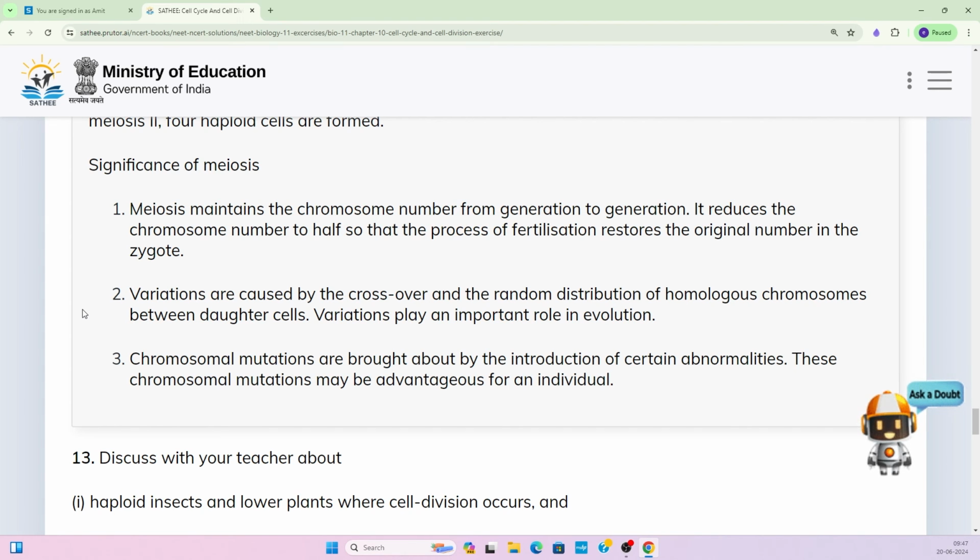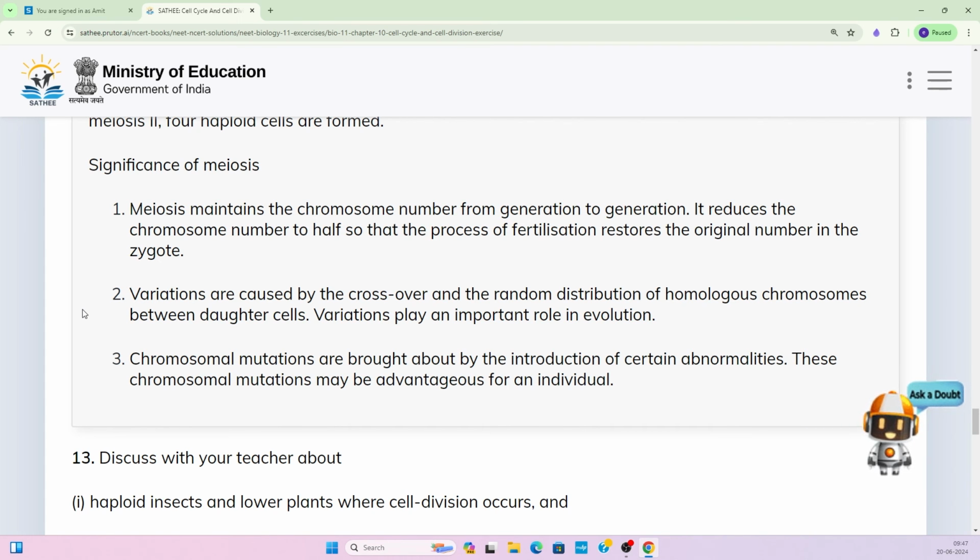There is recombinant formation that we can see in the case of meiosis. Variation is taking place, and this is one of the very important roles in evolution.